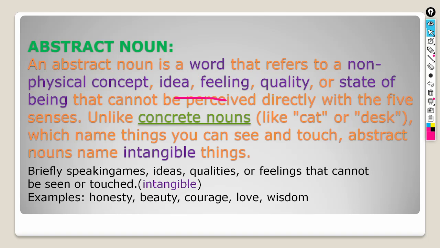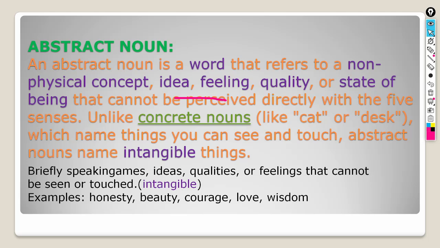Now let us come to the abstract noun. The word abstract exactly stands for the quality, the idea, the feeling, or the state of being that cannot be perceived directly with the five senses. They can only be felt.